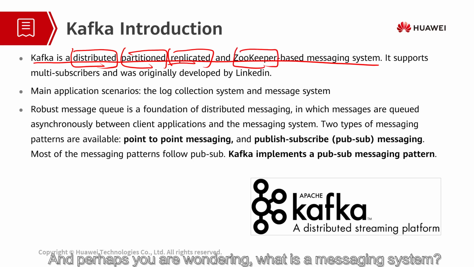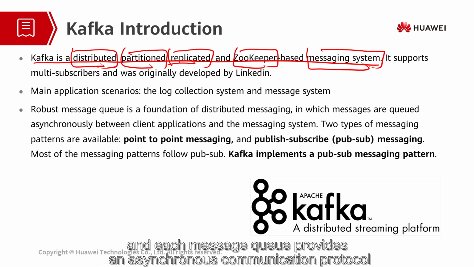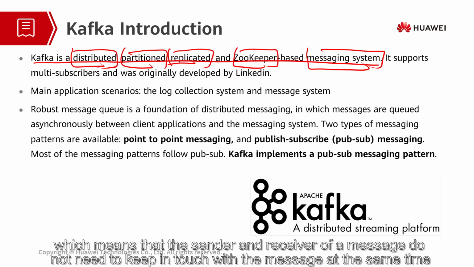And perhaps you are wondering, what is a messaging system? Simply speaking, a messaging system consists of one or multiple queues for message delivery, and each message queue provides an asynchronous communication protocol, which means that the sender and the receiver of a message do not need to keep in touch with the message at the same time.